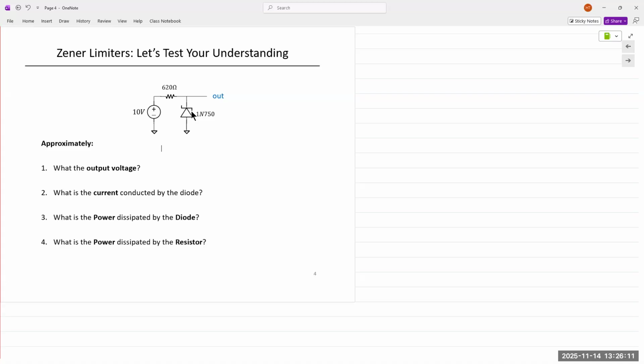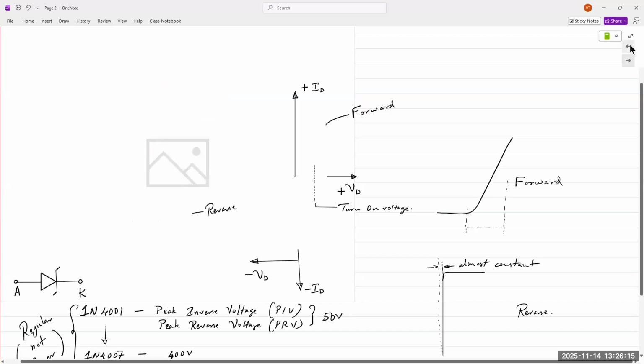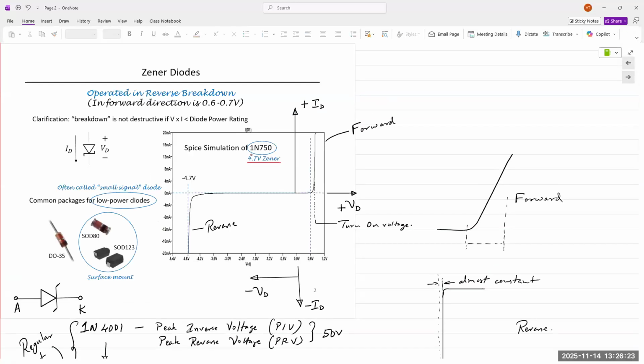So the Zener diode 1N750 has a voltage rating of 4.7 volts. Why? Right here. That means that the junction of this diode will break down at 4.7 volts.